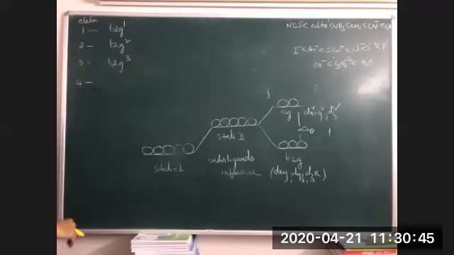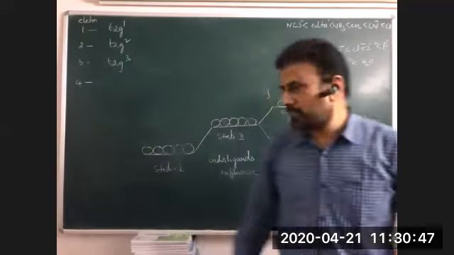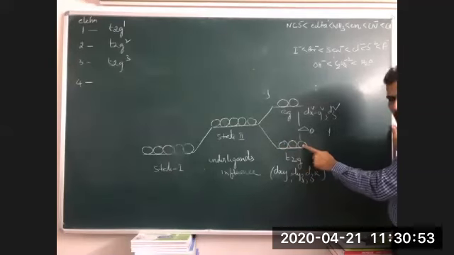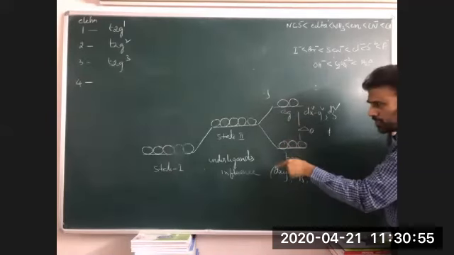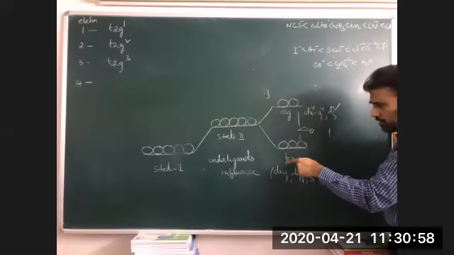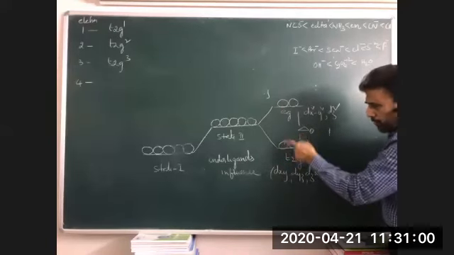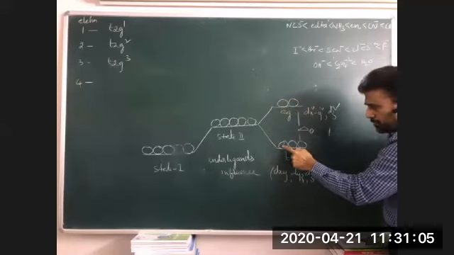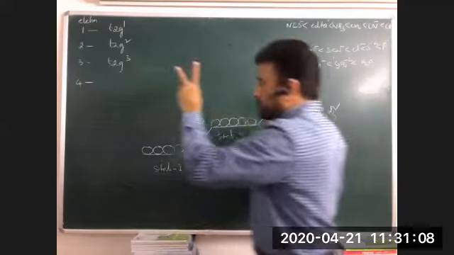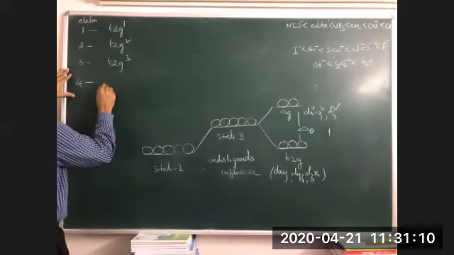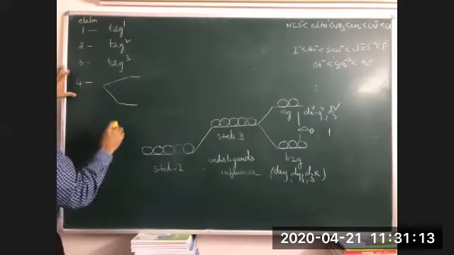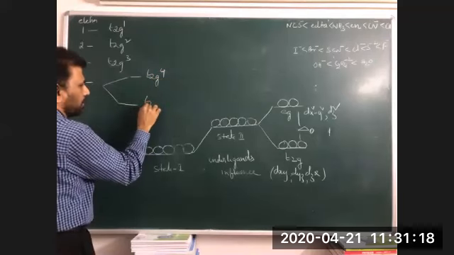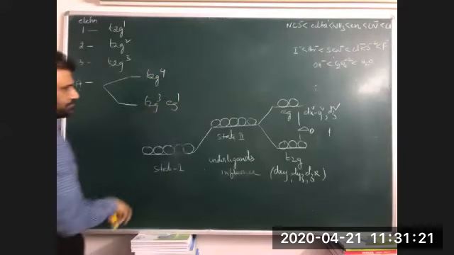Now, if the 4th electron enters, there are 2 possibilities. After three electrons, the 4th electron may pair up, or it may jump to the higher level. So there are 2 possibilities: t2g4, or t2g3 eg1.